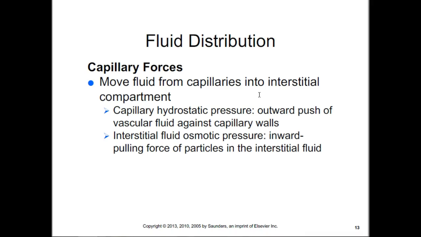Movement of water goes from an area of high concentration of water to an area with a lower concentration of water. One of the main things that's going to help you with this movement is the amount of proteins. And the amount of proteins is much higher in the blood, because you have albumins and fibrinogens and all sorts of globulins and immunoglobulins, than you do in the interstitial fluid.